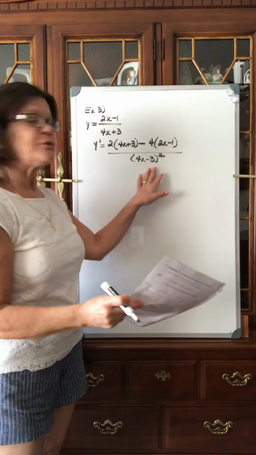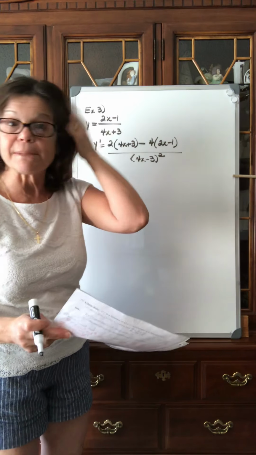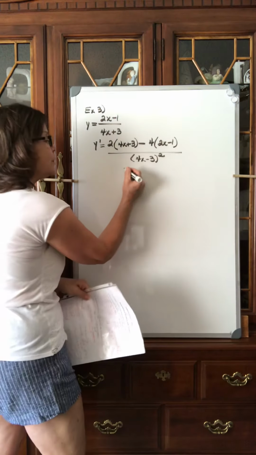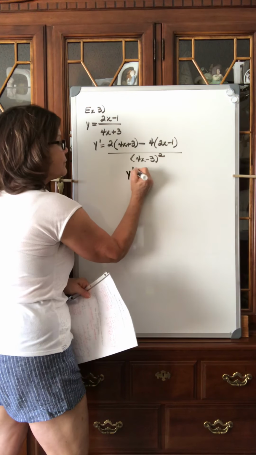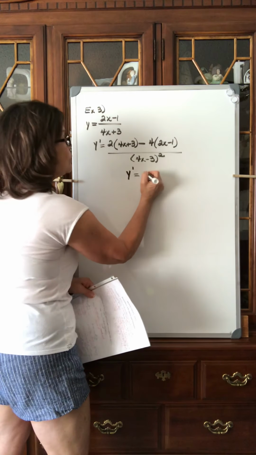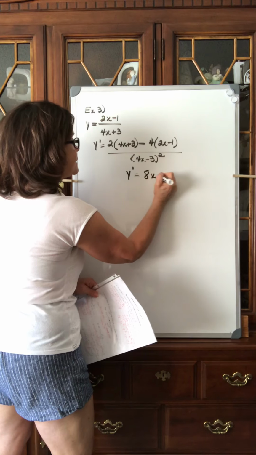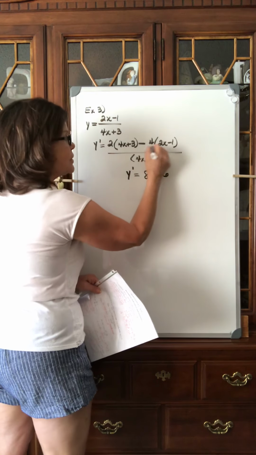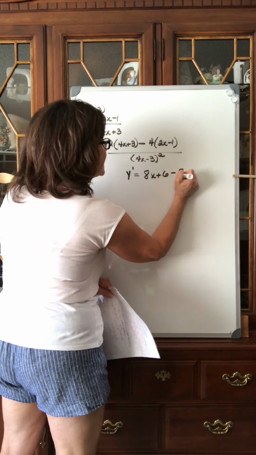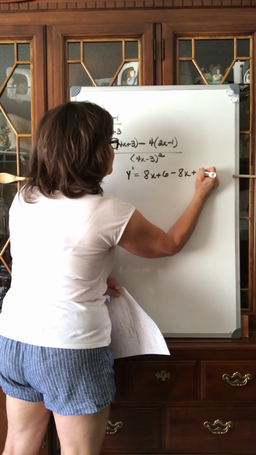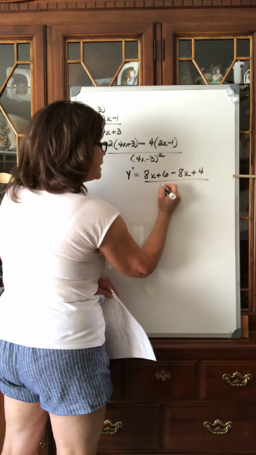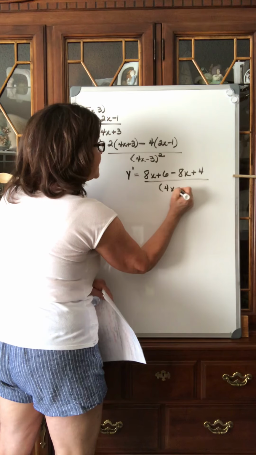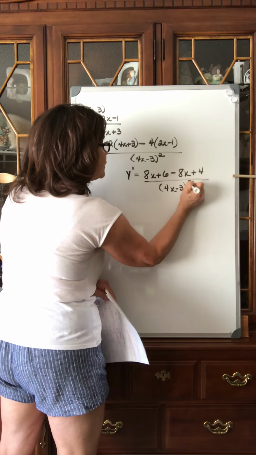Okay, now we don't have to expand the denominator. We can just leave it as 4x plus 3 squared, but you do have to clean up the numerator. So your first derivative, distribute the 2, is 8x plus 6. Distribute a negative 4, minus 8x plus 4. And then the denominator is 4x plus 3 quantity squared.